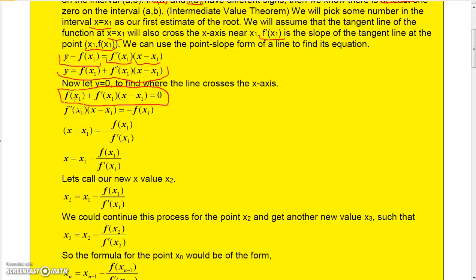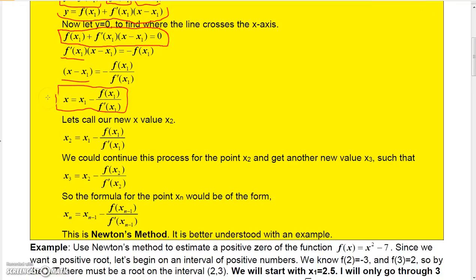And through a little bit of algebra, we can isolate the second term by moving f of x1 over. Then we can divide both sides by f prime, and that leaves us with x minus x1 equals minus f of x1 over f prime of x1, and then we find that x equals x1 minus f of x1 over f prime of x1.